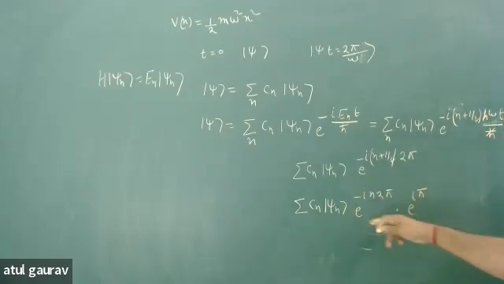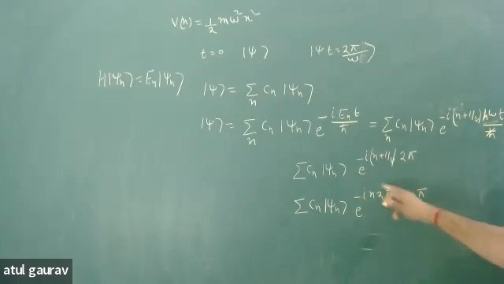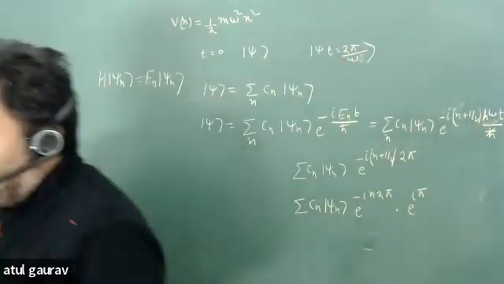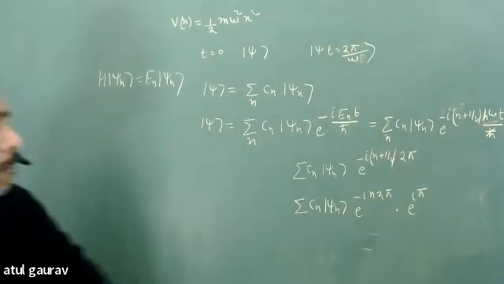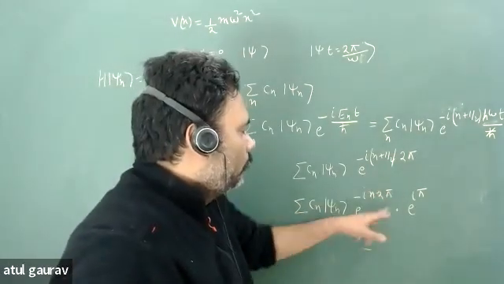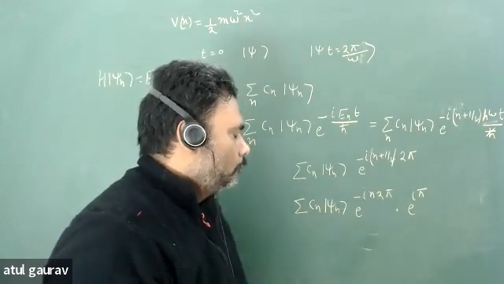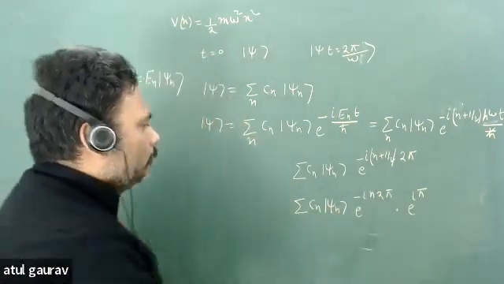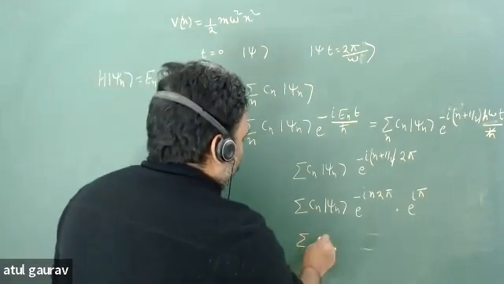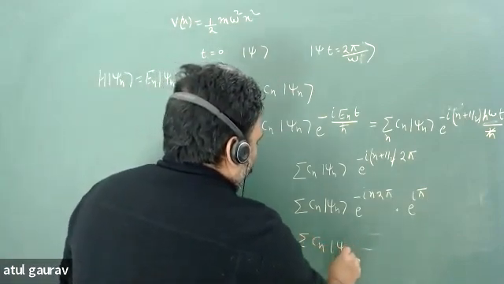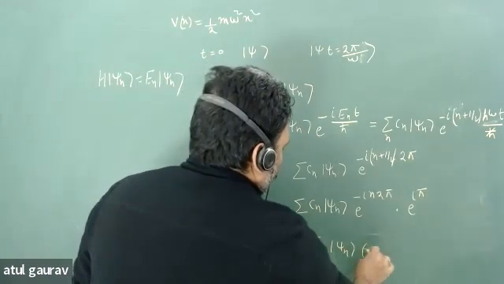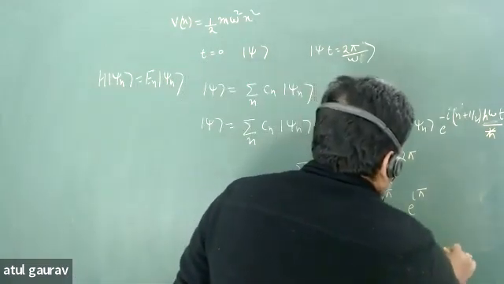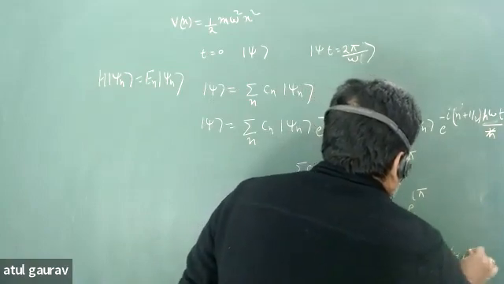This value e to the power 2πin, where n is 1, 2, 3, 4, is always 1. Yes or no? And what is e to the power iπ? Minus 1. So this value is minus psi_0.